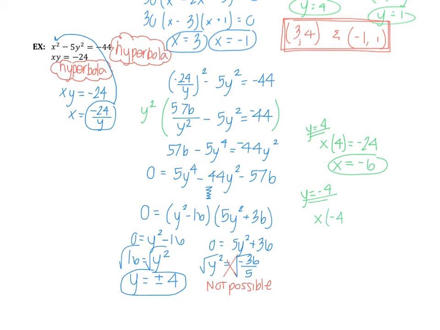You get x times negative 4 equals negative 24. So in this case, x would be 6. So the 2 points where this crosses would be negative 6, comma, 4, and 6, comma, negative 4.